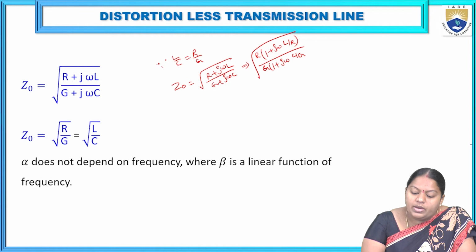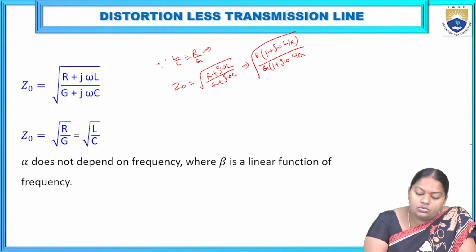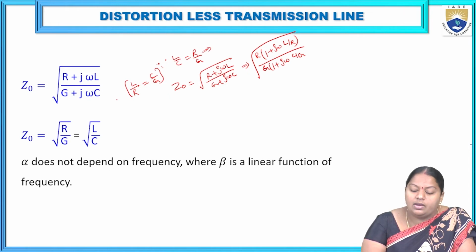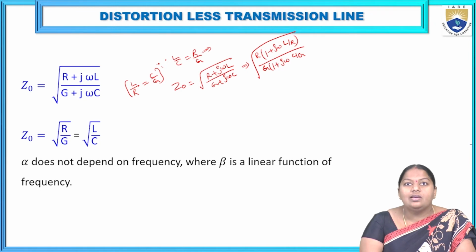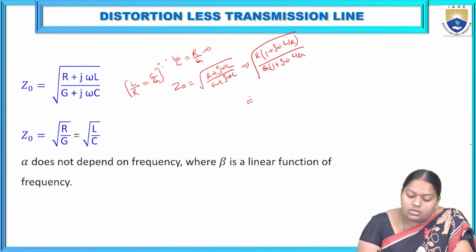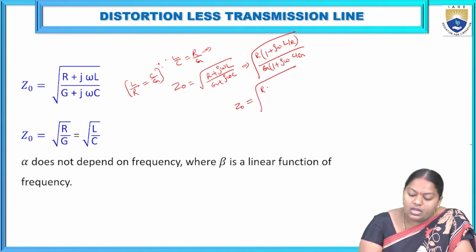See here, C/G or L/R: if we cross multiply, from L/C = R/G we can write L/R = C/G also. So in place of L/R, if we substitute C/G, or vice versa, it is easy to simplify the equation. So Z0 = √(R/G) × (1 + jω(C/G))/(1 + jω(C/G)), where we substituted L/R by C/G.